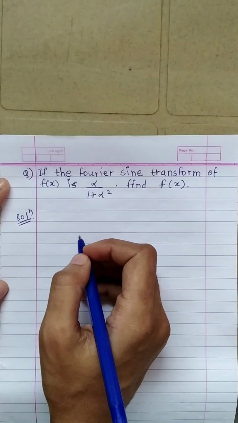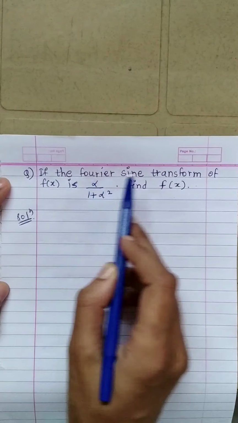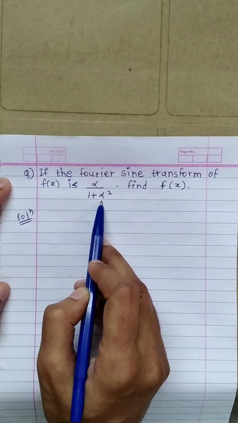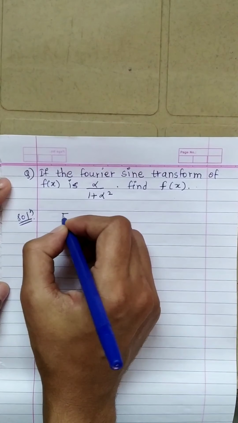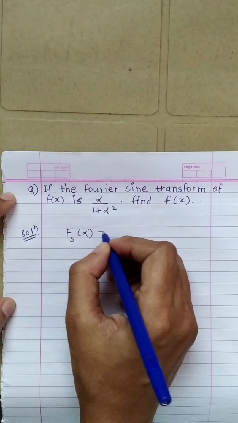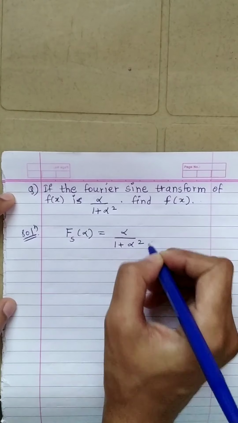Let us look at one more example. If the Fourier sine transform of f of x is given by this, then find what is f of x. The Fourier sine transform of alpha is given to us as alpha by 1 plus alpha square.